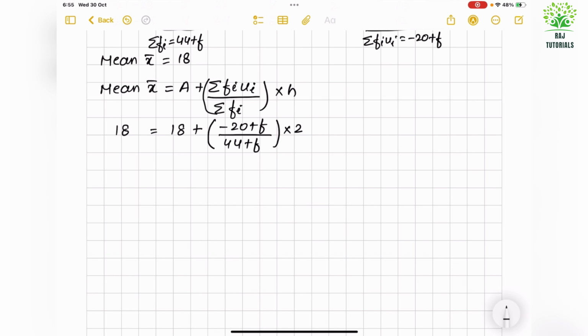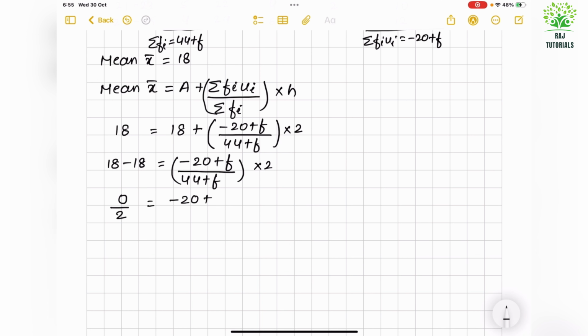So if I take 18 on the left hand side, 18 minus 18 equal to minus 20 plus f upon 44 plus f into 2.